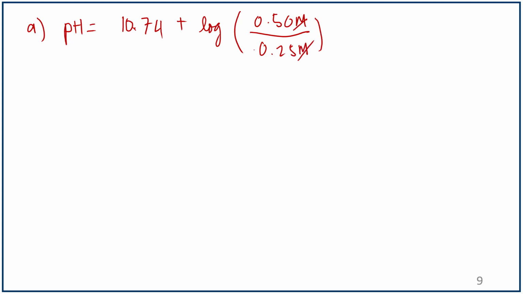Molarity cancels out, and here you have 10.74 plus 0.30, which is equal to a pH of 11.04.